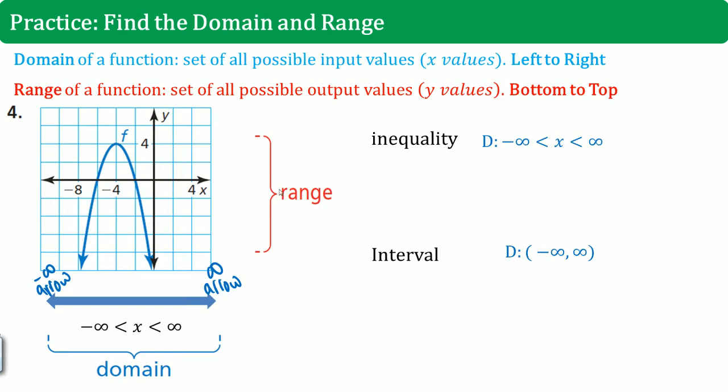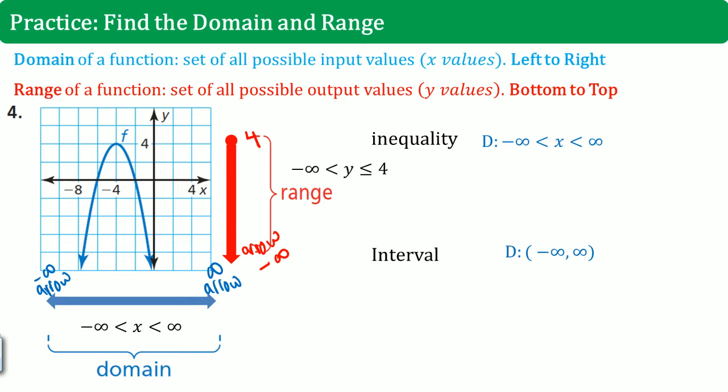Let's look at the range. This is how it looks like. The maximum value, or from the bottom, it starts at infinity. It goes all the way to, this is the arrow, goes all the way to negative infinity, and from the top it is 4. So when you write it, it should be negative infinity.